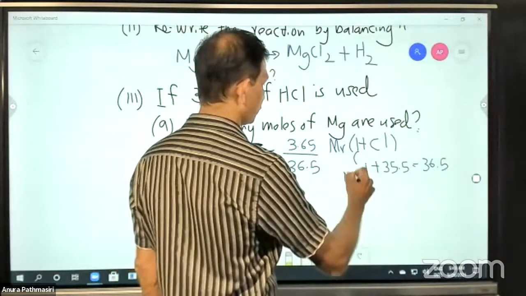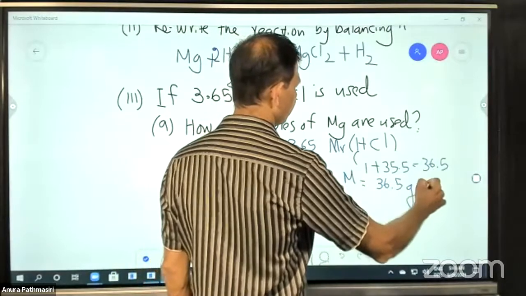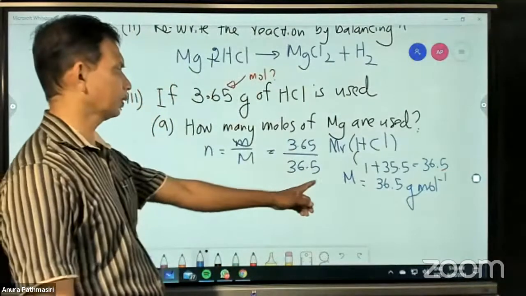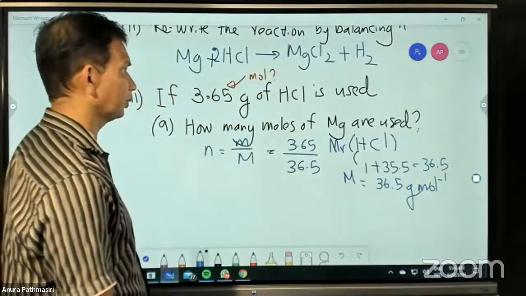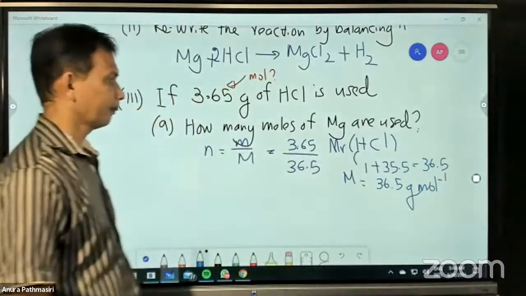To find capital M, you have to put that into gram per mole. Then you have 3.65 divided by 36.5.